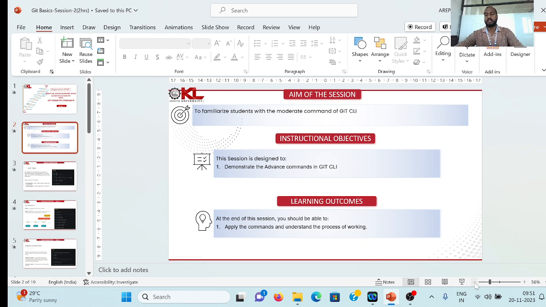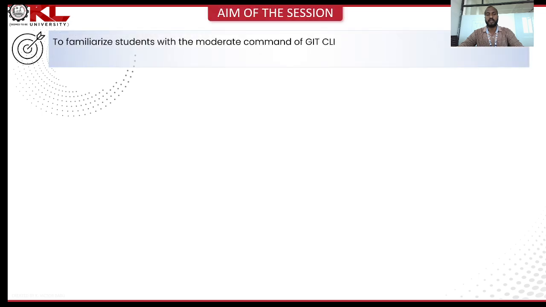Before we start this session, I would like to give you a few basic fundamentals related to GitLab. In my last two videos, I explained what Git is, the need for version control, and how we create a Git repository.